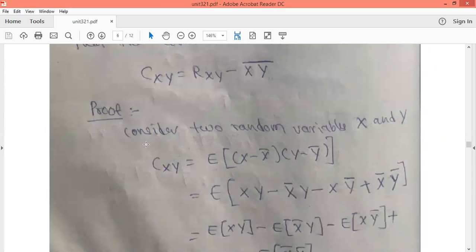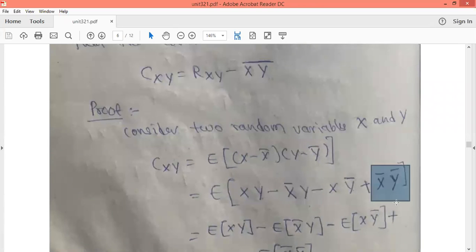So covariance Cxy is given as the expected value of (x minus x bar)(y minus y bar). Now we just multiply these two terms, x minus x bar and y minus y bar. If you multiply, you get xy minus x y bar minus x bar y, minus minus, so it becomes plus x bar y bar.